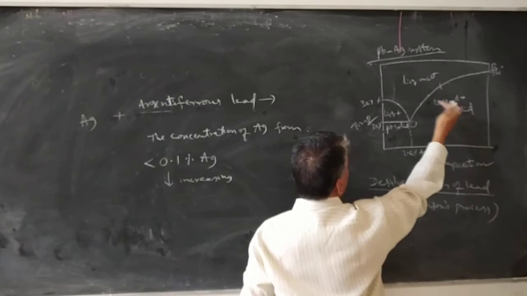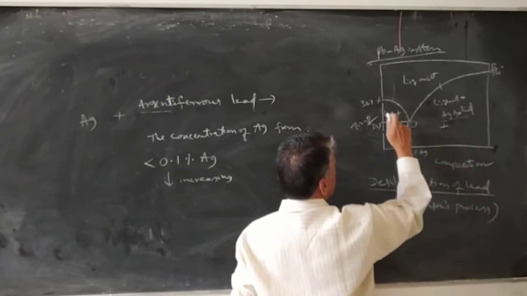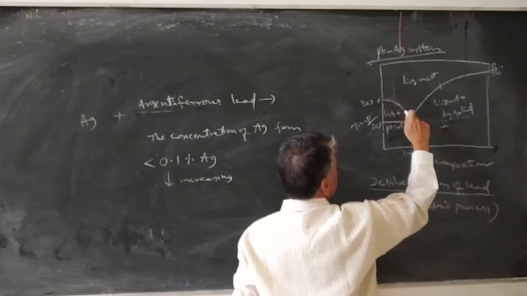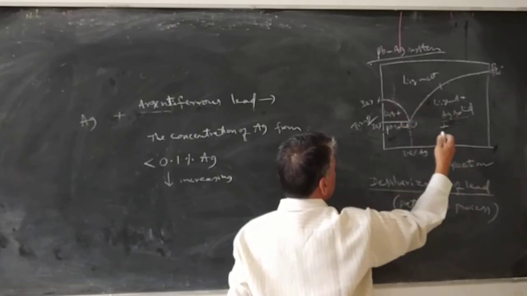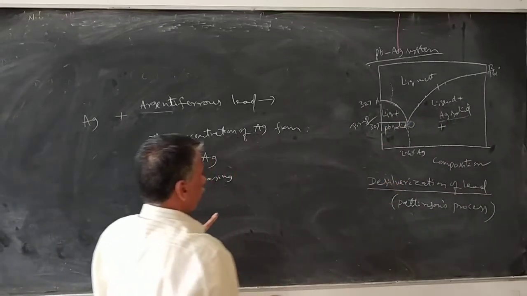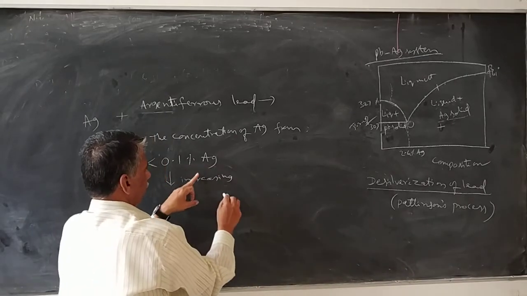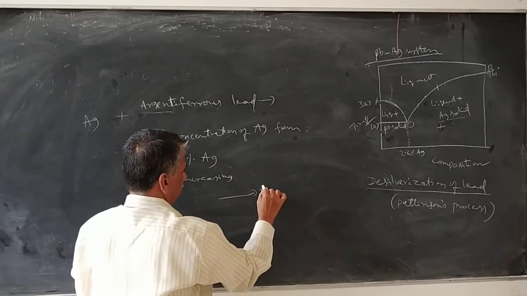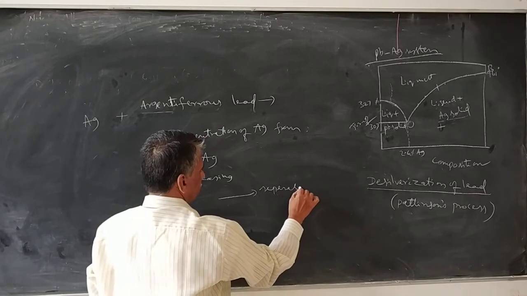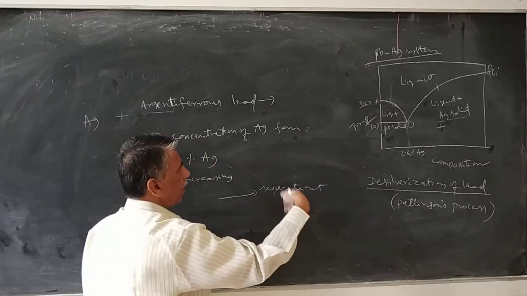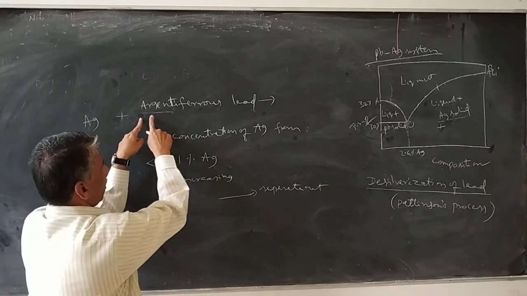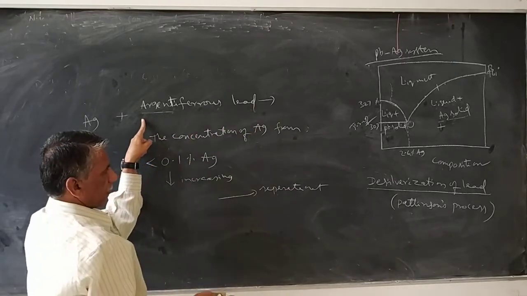Once you add silver to this lead, its melting point decreases along the curve AO. So once it starts to decrease, the amount of silver starts to separate out from this argentiferous lead.